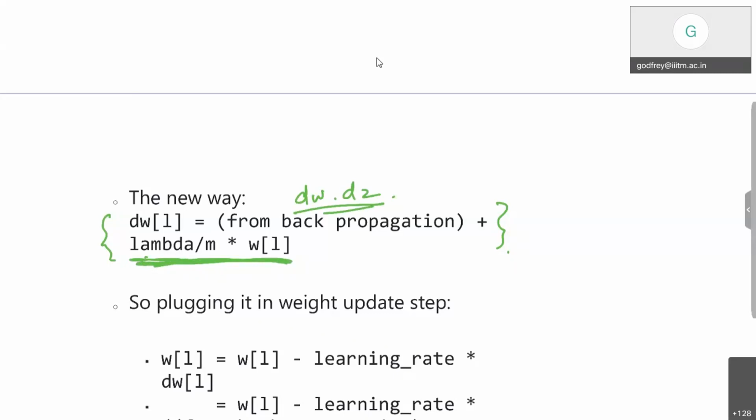This term was arrived at by differentiating the loss function with respect to W. L now has a lambda term. So it is regularization.